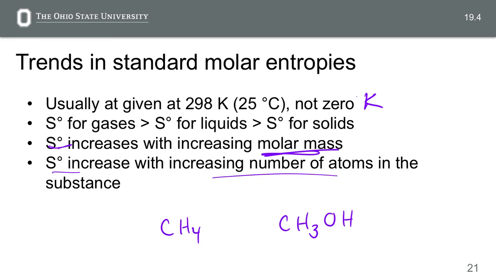It's important to recognize that the entropy that's written in a table is relative to that at 0 Kelvin. So if we say at 0 Kelvin there's 0 entropy, then at 25 degrees, some made-up number essentially relative to 0 is our entropy for a particular substance.